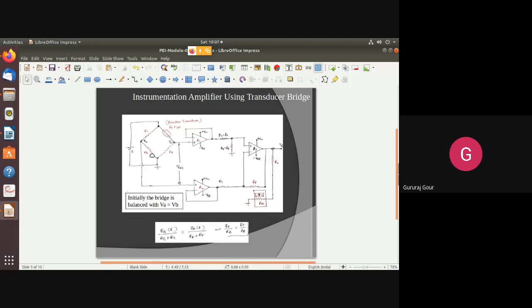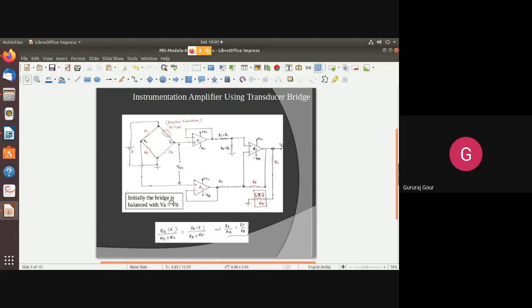So here you can see the first arm is denoted by RC, that is fixed. The below arm RB is also fixed. And on the right side, the top arm has the resistive transducer with a small change in resistance delta R, that is RT plus delta R, followed by the one below, RA.